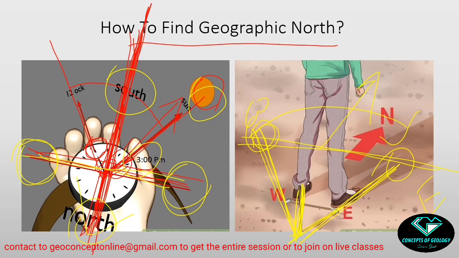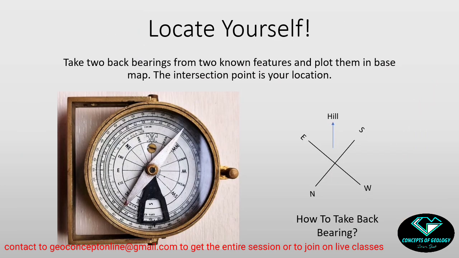So these are two techniques to find out the geographical north, the true north, the north from where the rotational axis of the earth is passing, in the field, in the northern hemisphere, of course. After finding the north direction in the field, the next work to be done is to locate myself.